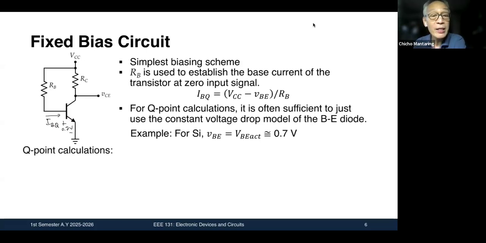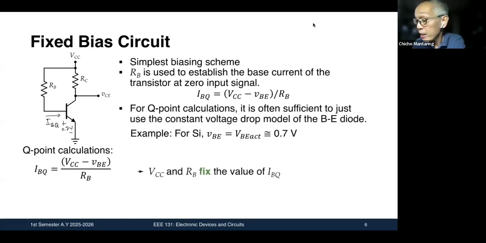Okay, so let's go ahead with our Q-point calculation. So actually, this is repeated here. IBQ is VCC minus VBE over RB. So here, VCC and RB fix the value of IBQ.